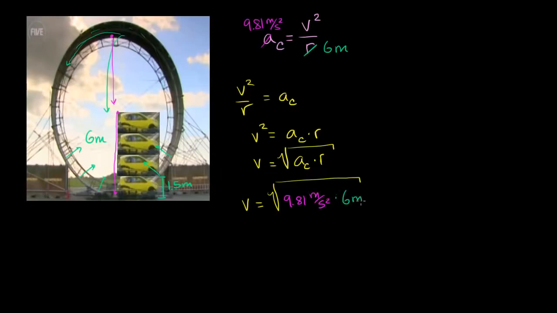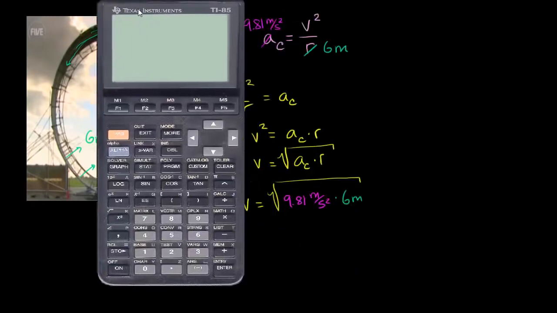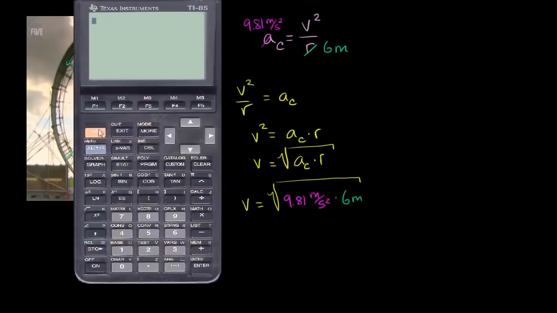And you can verify that these units work out. Meters times meters per second squared is meters squared per second squared. You take the square root of that, you're going to get meters per second. But let's get our calculator out to actually calculate this. So we are going to get the principal square root of 9.81 times 6 meters. It gives us, now here's our drum roll, 7.67.